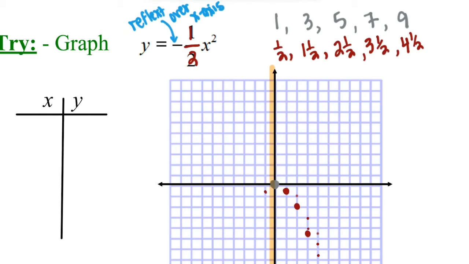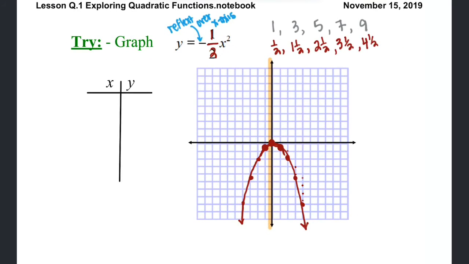I've got my axis of symmetry, and I can reflect these points over the axis of symmetry here. It's just really art-like, right? It's like being in art class. Just make sure that your parabola has a curve and it's not a sharp turn there. It's definitely a curve and not a V. And that is our graph.